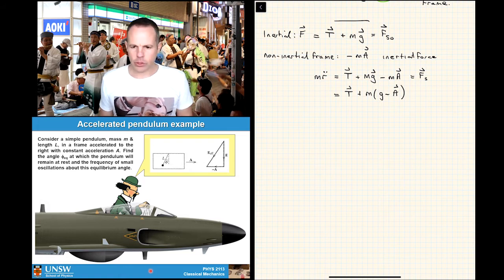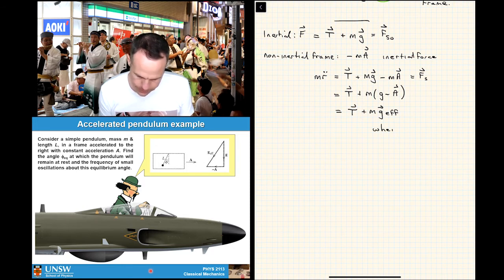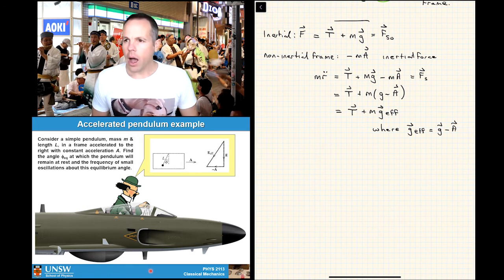And if we want to here, what we can do is basically combine that gravitational force with the accelerating frame in here. And so this thing would be T plus m g effective, where we call g effective equals g minus A, okay?